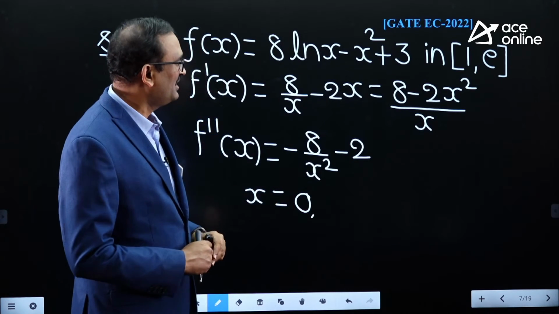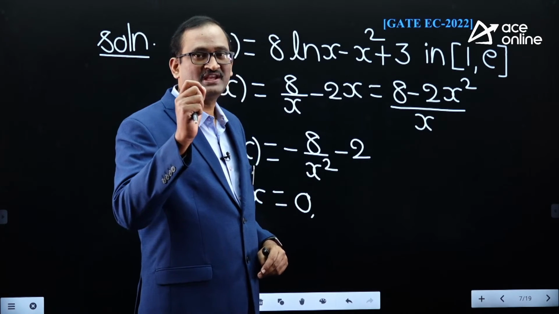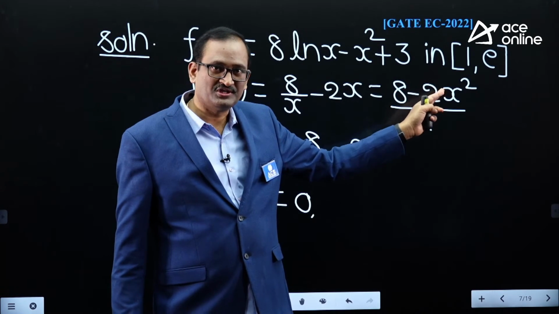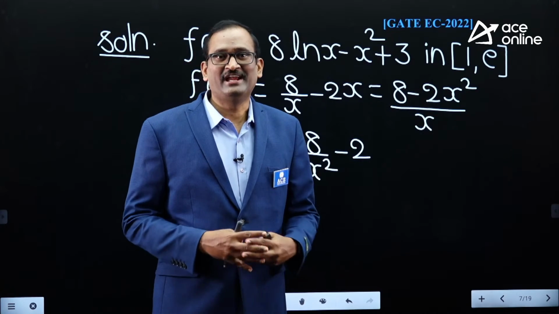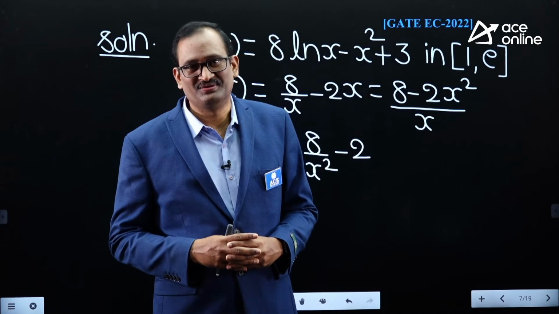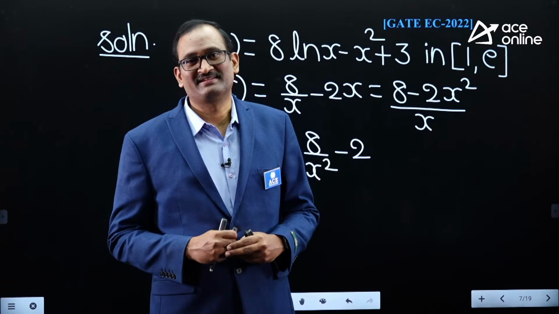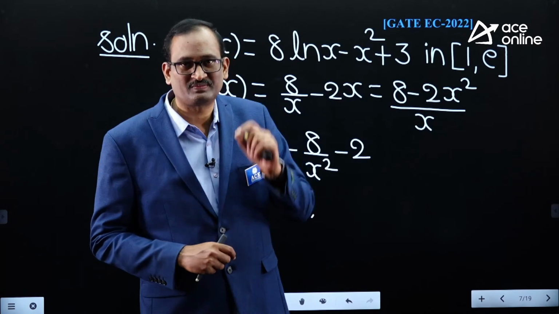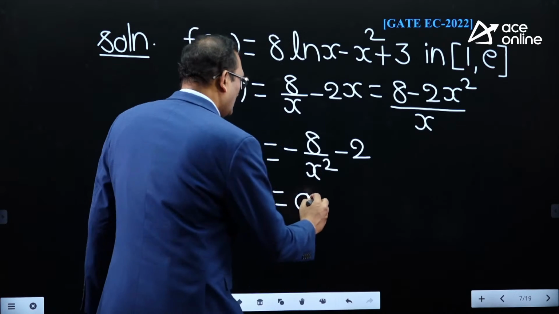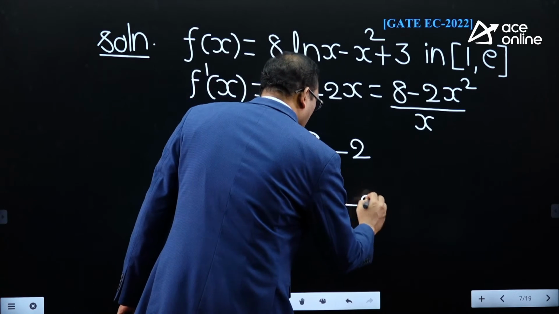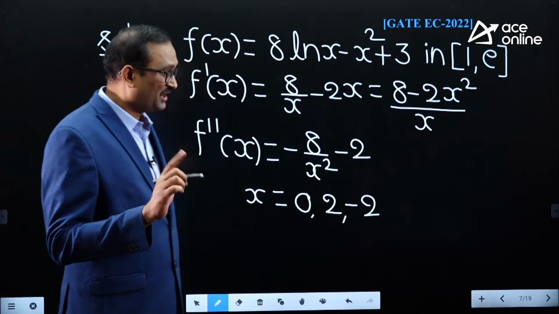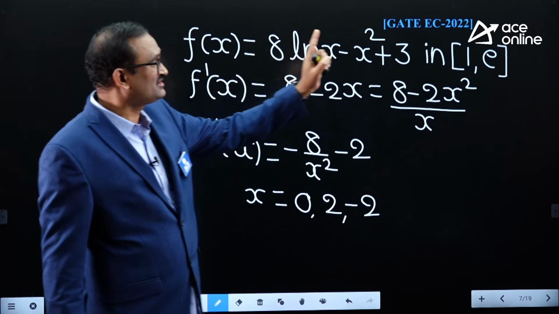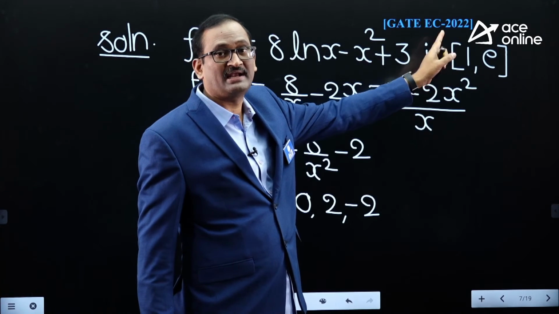Let me write first. Next, what are the points where f dash x can be 0? Simply the numerator is equated to 0. That is 8 minus 2x square equal to 0. 8 equal to 2x square, so x square equal to 4, x equal to plus or minus 2. One root plus 2, another root minus 2. These are the critical points. But among all these critical points, only those lying inside the interval matter.